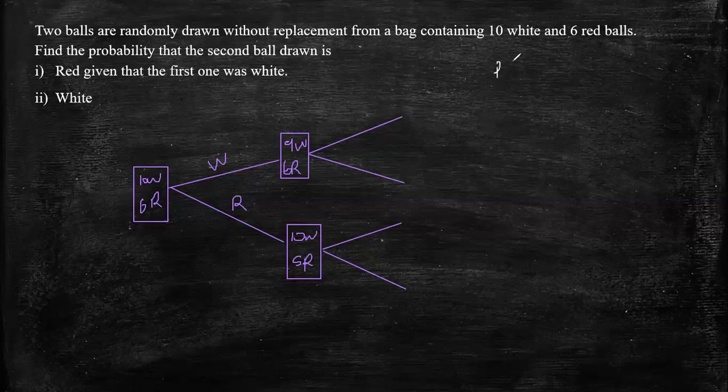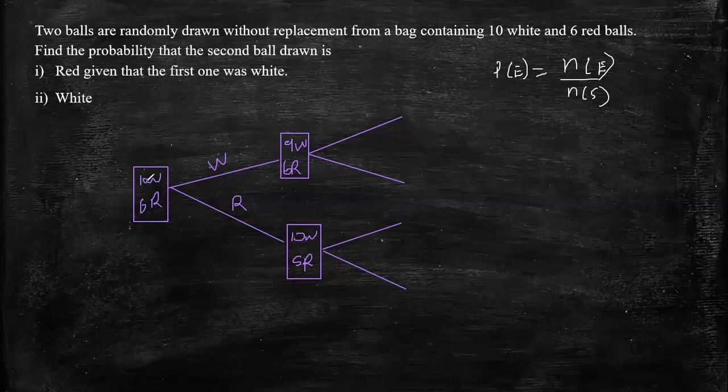Remember our formula of probability: P(E) is equal to the number of E divided by the number in the sample space S. So the probability of picking a W is going to be 10 divided by the total, which is 16. So this is going to be 10 out of 16. Then the lower one is going to be 6 out of 16.